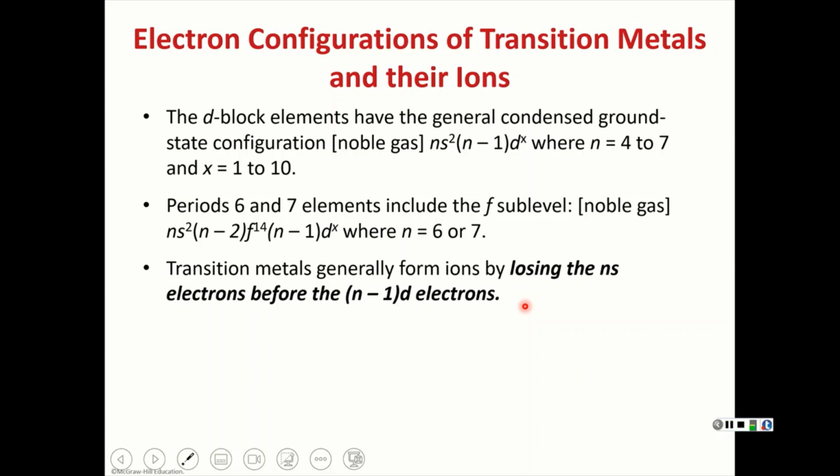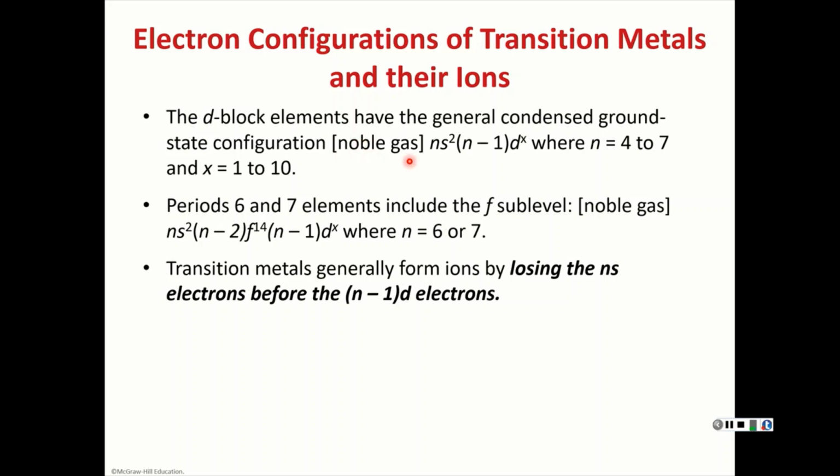So the d block, or transition metals, have the general condensed ground state configuration. Remember what that means. Condensed means that you're using the nearest preceding noble gas, and you can depict that in brackets. That depicts the core electrons, right?